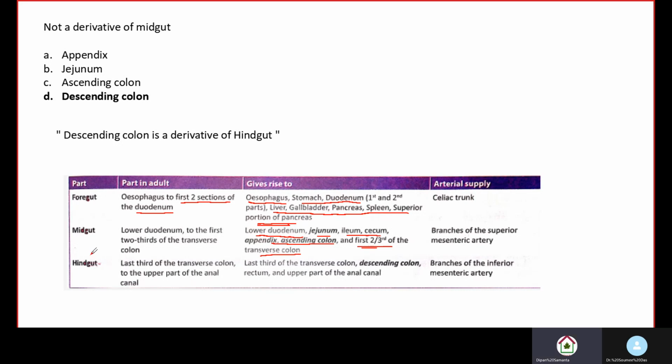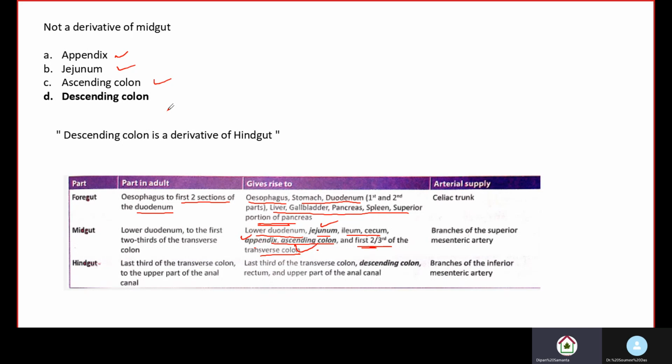So midgut gives rise to appendix, jejunum, and ascending colon. Why are these three important? Because these three are options. That's why it's bold.